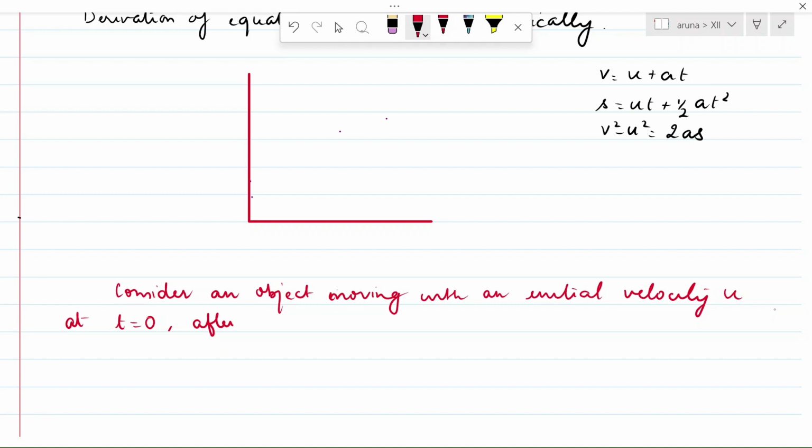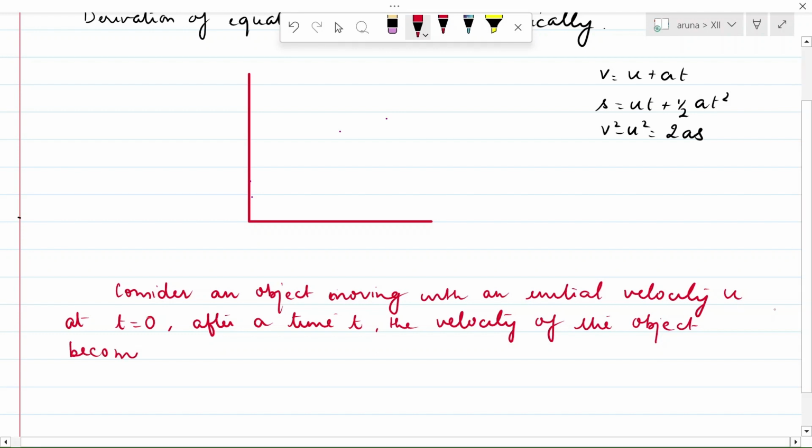After a time t, the velocity of the object becomes v.